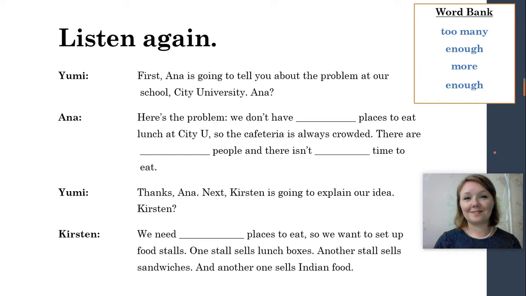Thanks, Anna. Next, Kirsten is going to explain our idea. Kirsten? We need more places to eat, so we want to set up food stalls. One stall sells lunch boxes. Another stall sells sandwiches. And another one sells Indian food. Now, Ethan is going to show why this is a good idea. Ethan? Okay, look at this drawing. There are lines at each food stall, but the lines are short. And the cafeteria line is short too. Okay. Well, thanks for listening. What do you think?